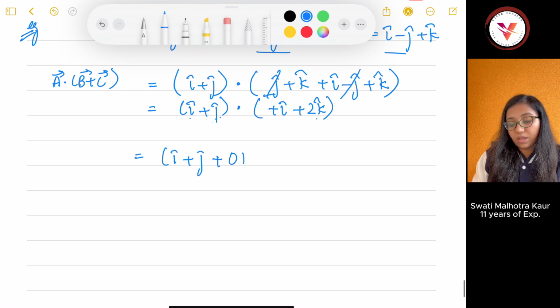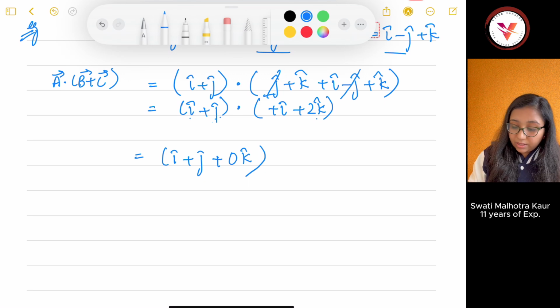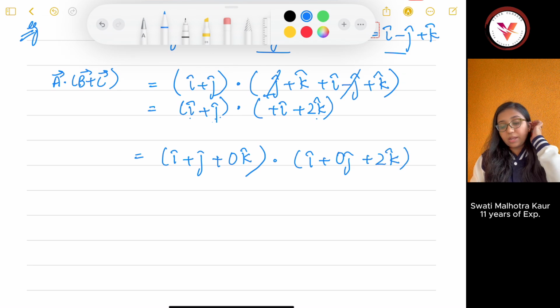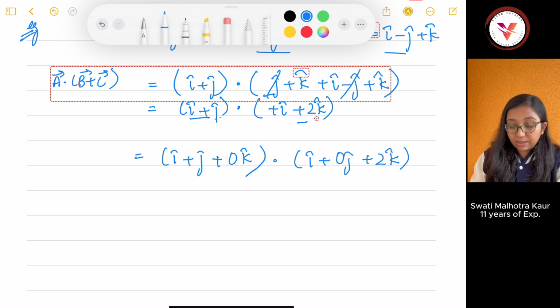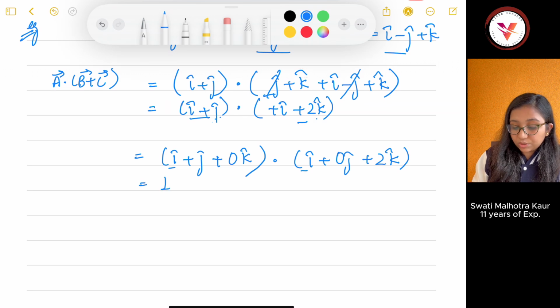And if there is no component, like there is no k component, you have to write it as 0 k cap. There is no j component, so you write 0 j cap and then multiply. 1 into 1 is 1, 1 into 0 is 0, 0 into 2 is 0, so the answer is 1.